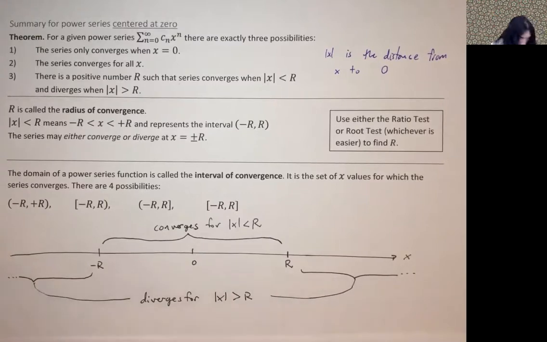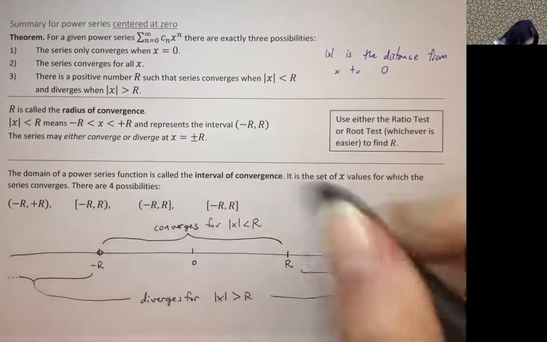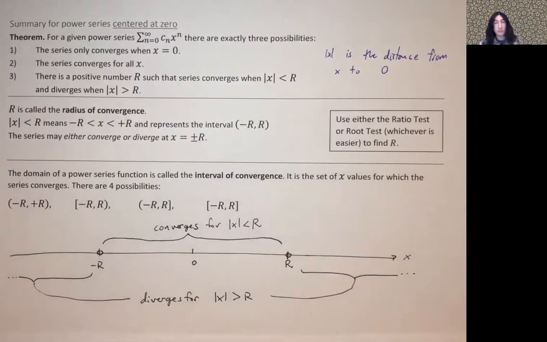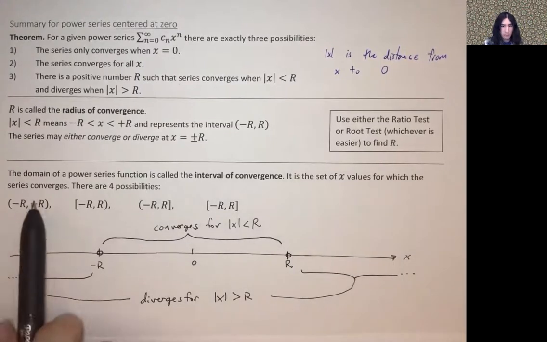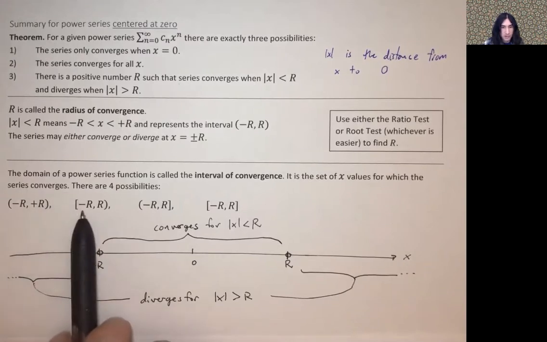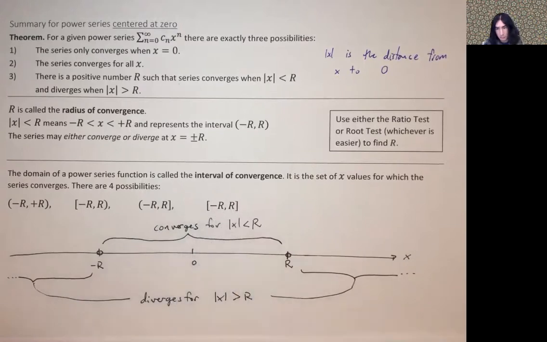Okay, and it turns out that actually at r and minus r, anything is possible. There are examples of different power series that don't converge at either endpoint, that converge at only the left endpoint, or that converge at only the right endpoint, or that converge at both endpoints.